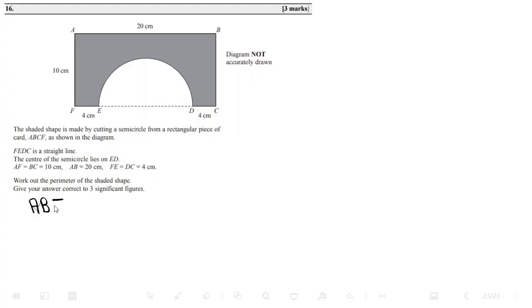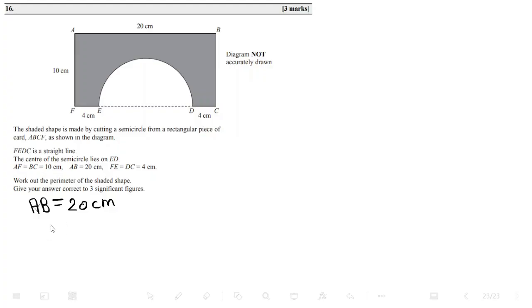If I am writing AB is equal to 20 centimeter, is that okay?